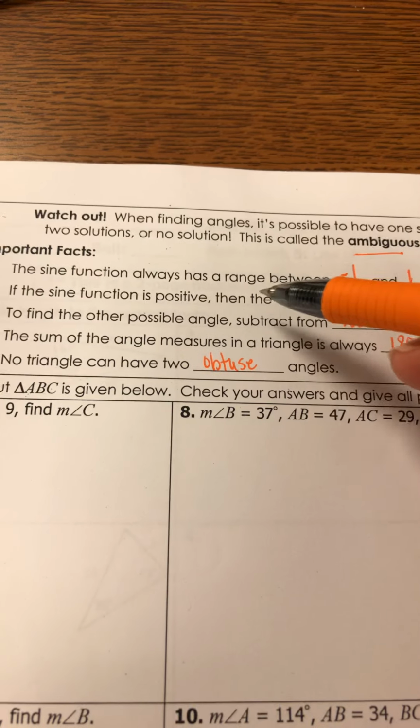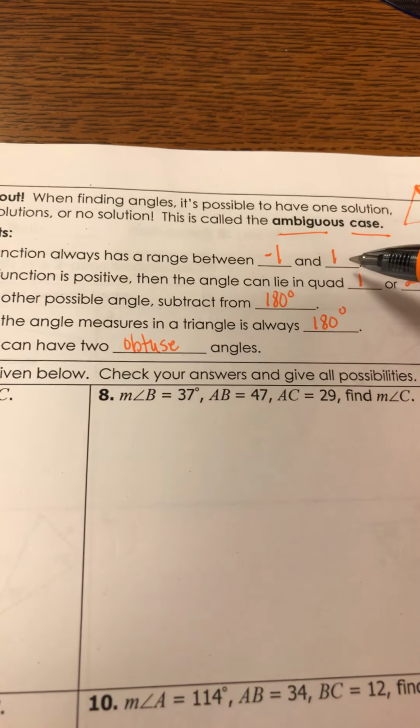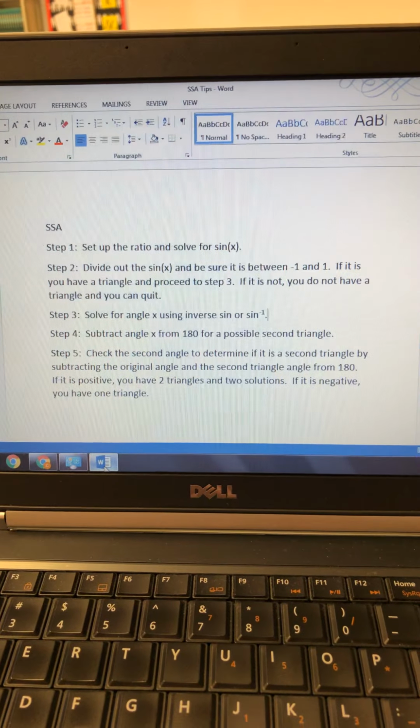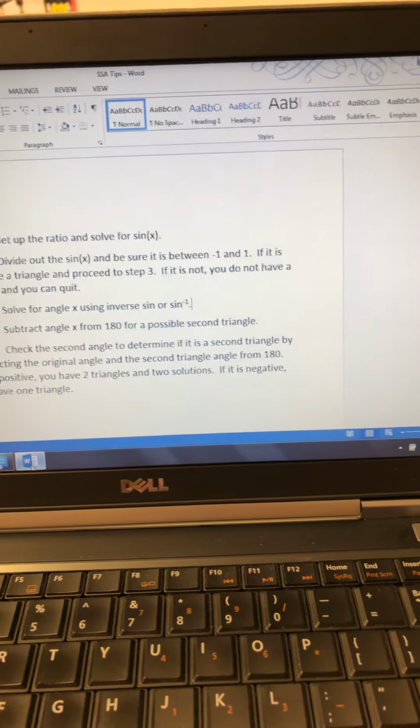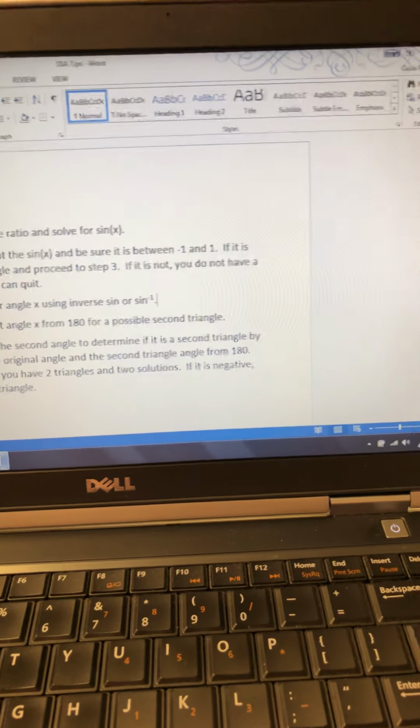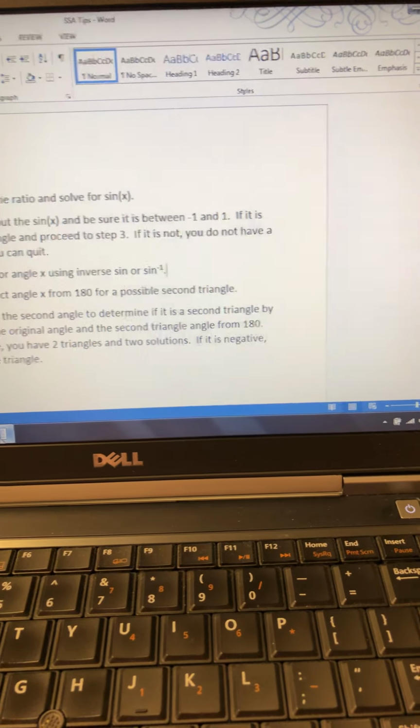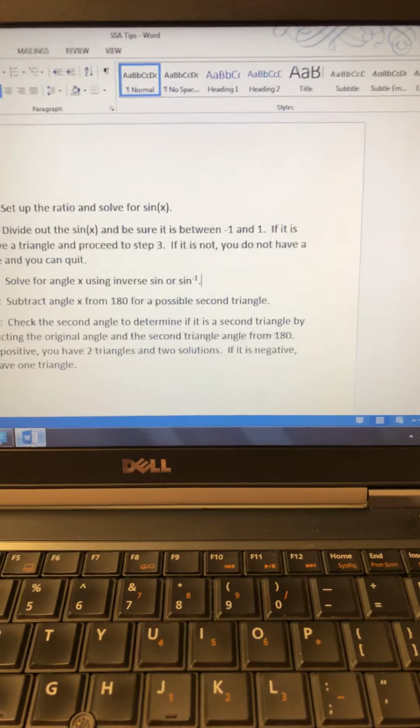The little notes you have up here at the top tell you the sine function has a range between -1 and 1. That's why step 2 in your steps tells you to divide out the sine of x to make sure it's between -1 and 1, because if it's not, you're not going to have a triangle.